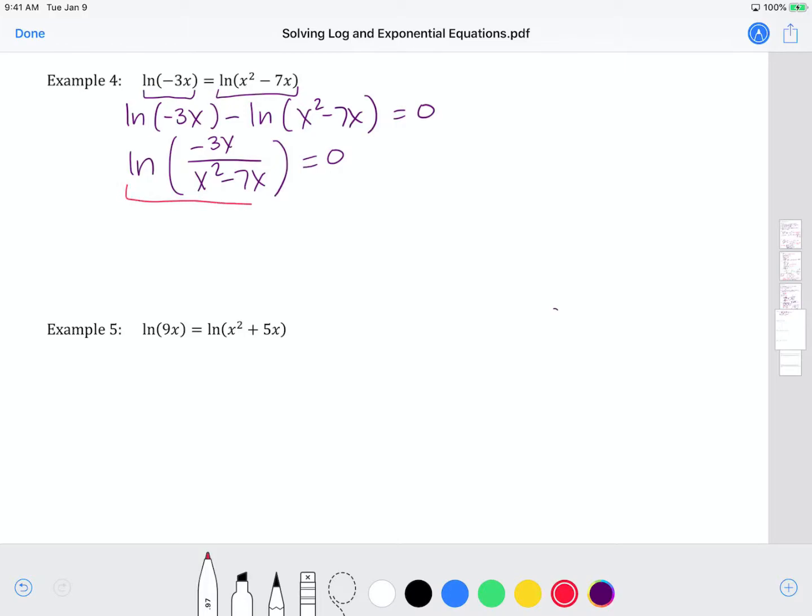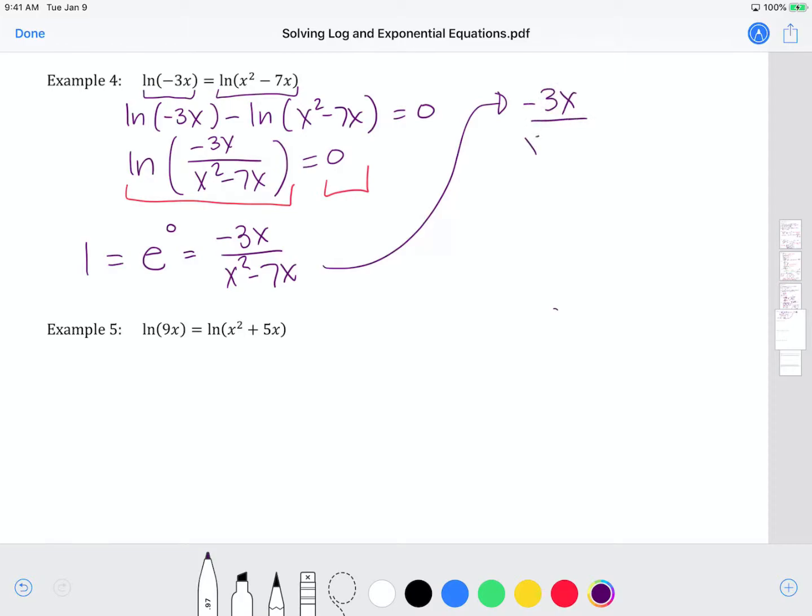So now I have one log condensed on one side with everything else on the other, and I'm going to put it in exponential form. Because this is natural log, my base is e, so I'm going to write e to the 0 is equal to negative 3x over x squared minus 7x. e to the 0 is just 1, so I have negative 3x over x squared minus 7x is equal to 1.